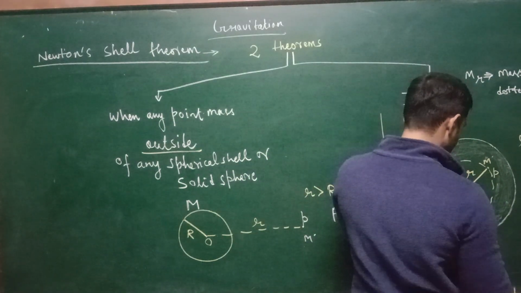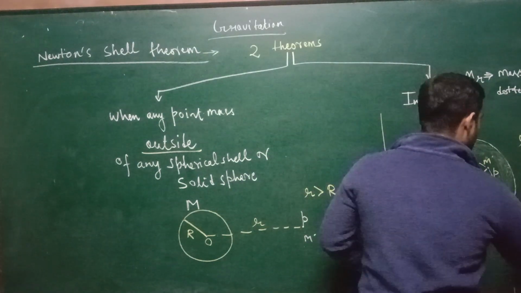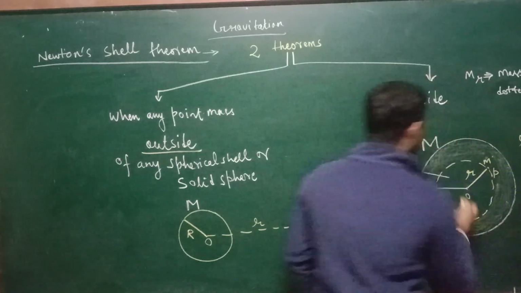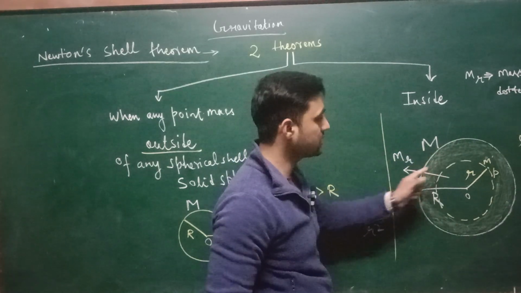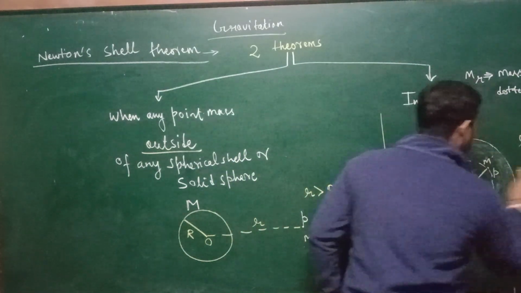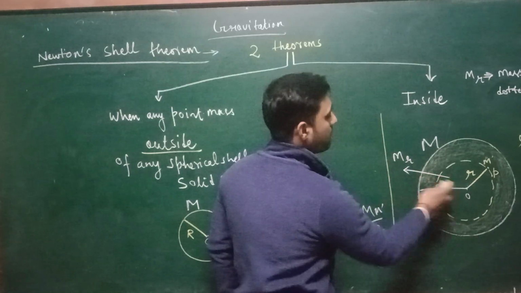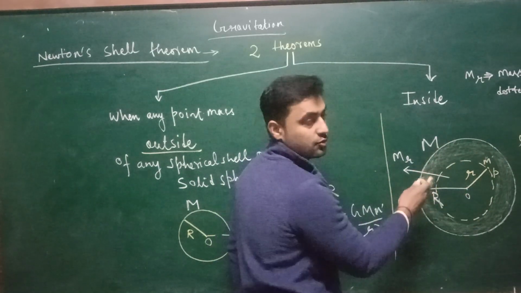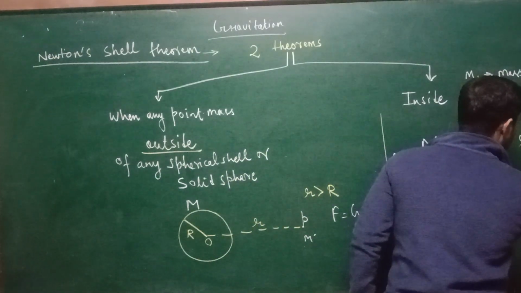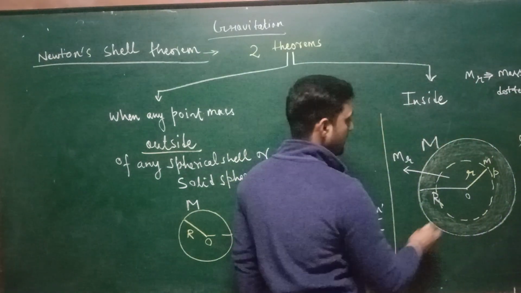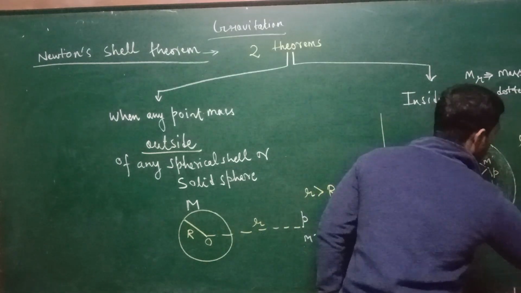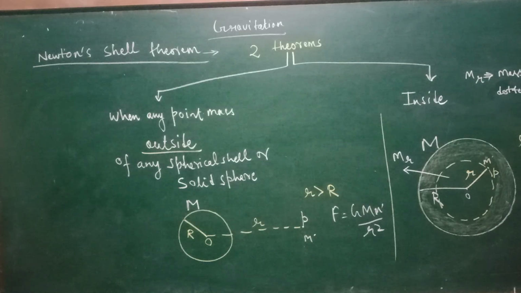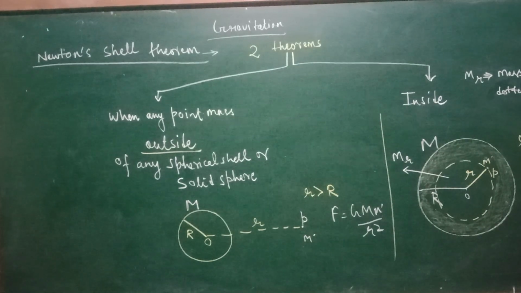So that will be F equals capital G times capital M. Capital M मतलब बड़े sphere का mass into m dash नहीं लेना है, हमको क्या लेना है Mr, mass of this sphere which is dotted. Actually dotted sphere का mass, तो dotted sphere का mass है Mr divided by radius small r square. So this is how we study Newton's shell theorem.